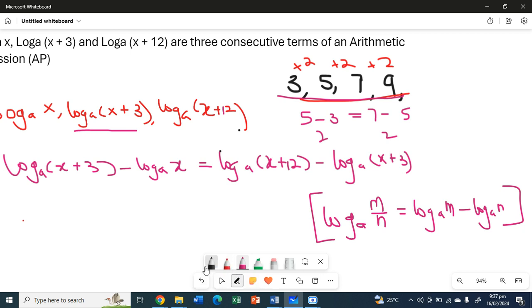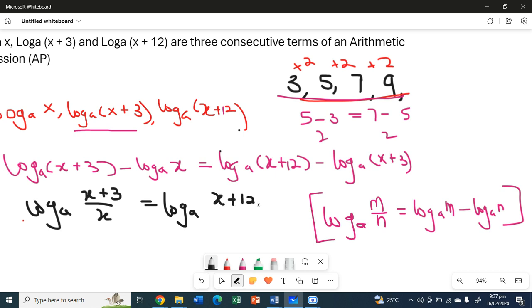So here we're going to say log a ((x+3) over x) equals log a ((x+12) over (x+3)).